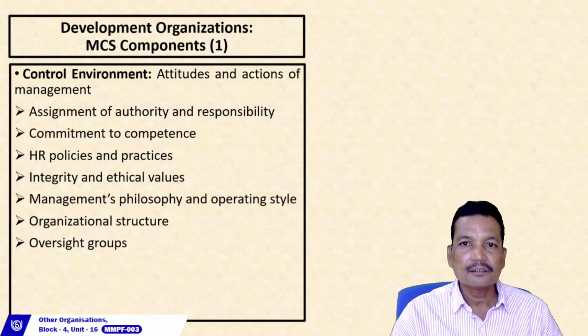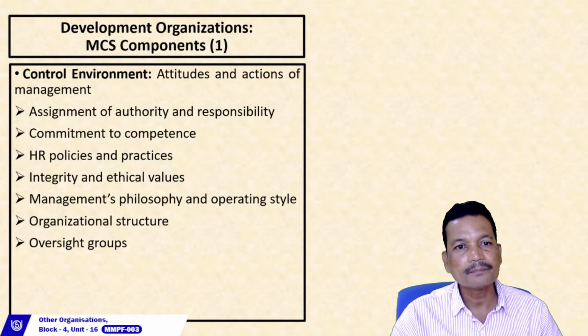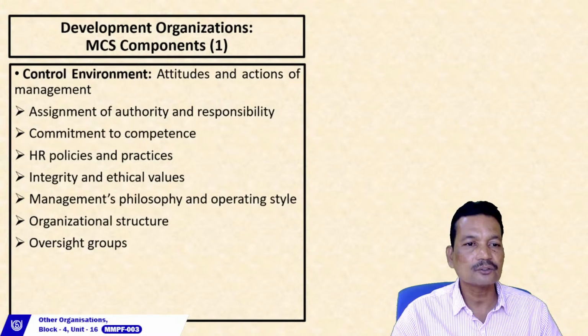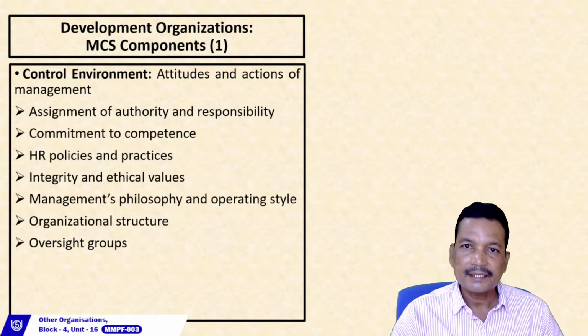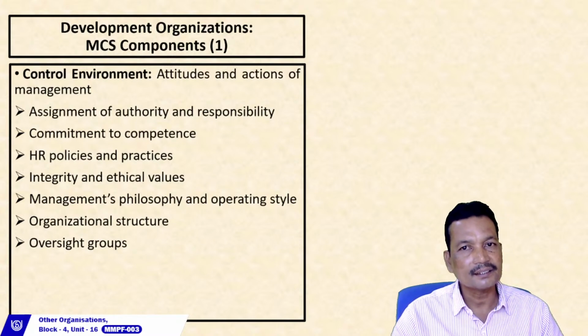They look at the competence of the employees. They set up the human resource policies and practices, try to maintain integrity and ethical values in the organization, and set up the organizational structure according to need.